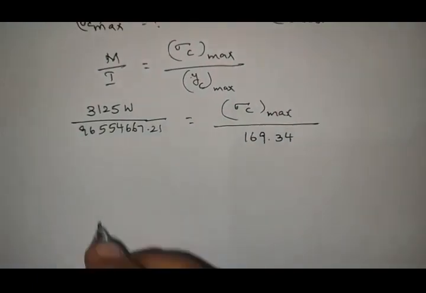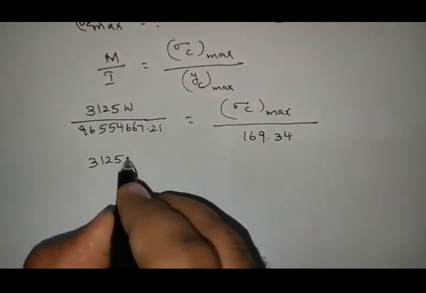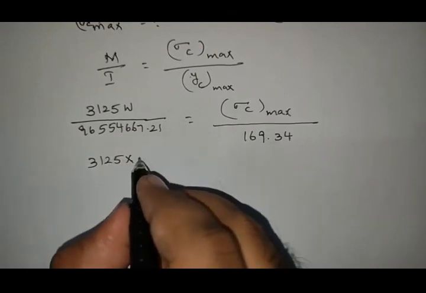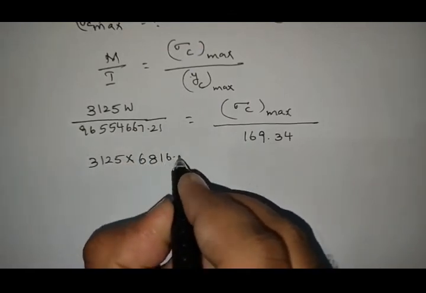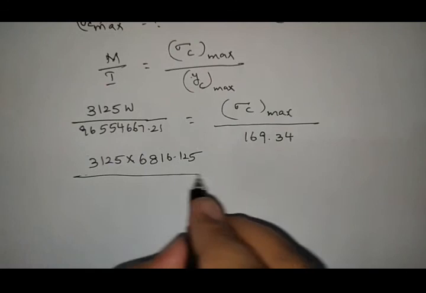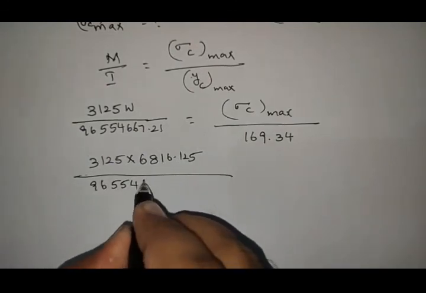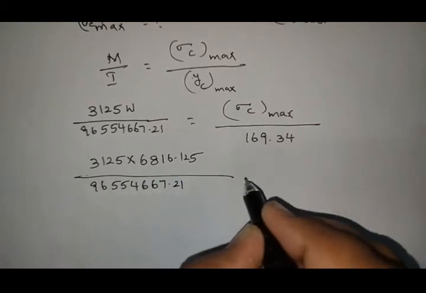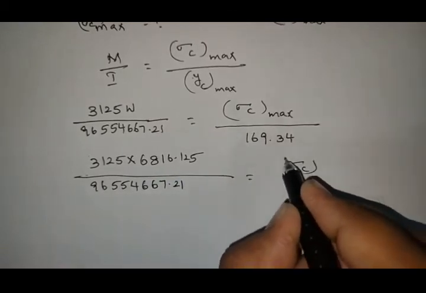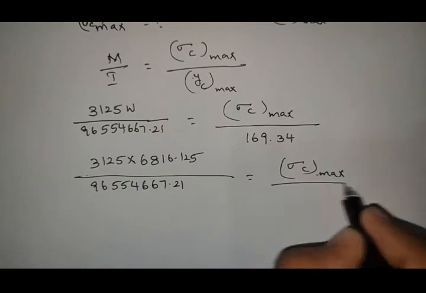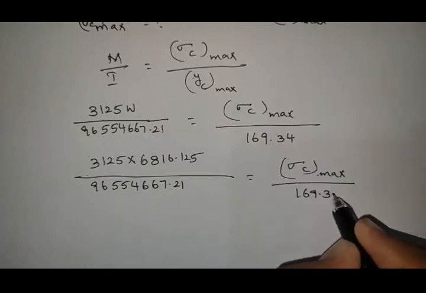So 3125 into W, which is 6816.125, by 96554667.21 equals sigma C max by 169.34.